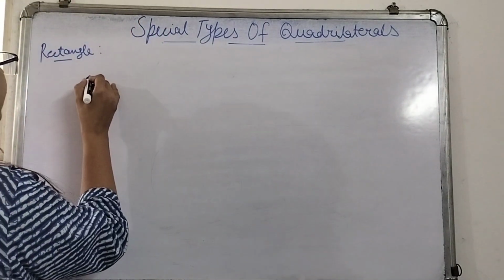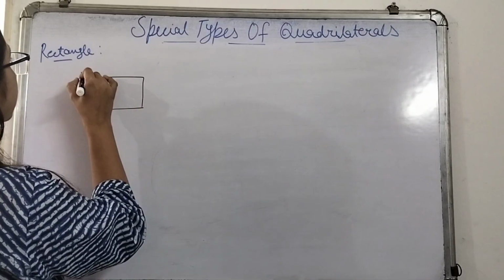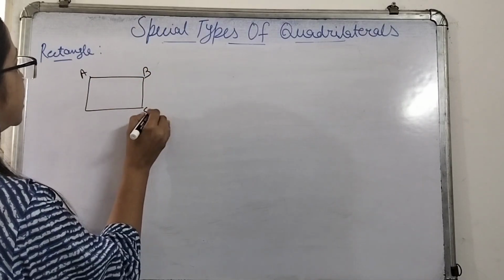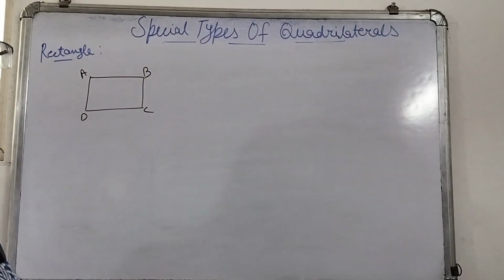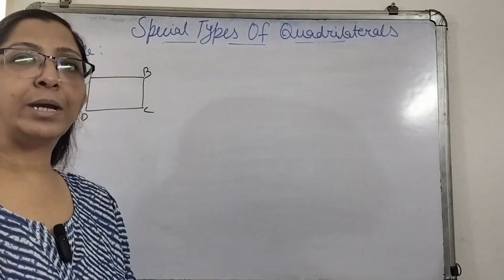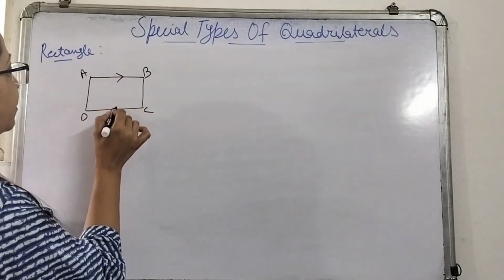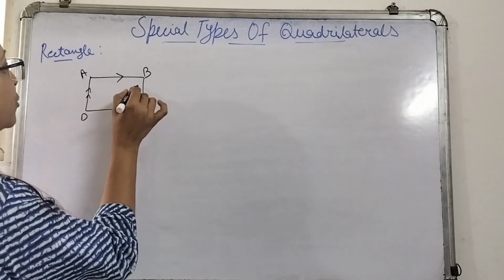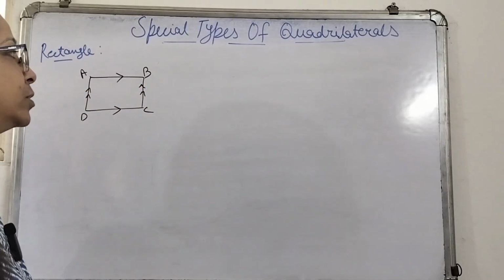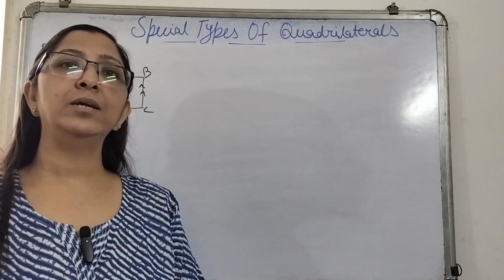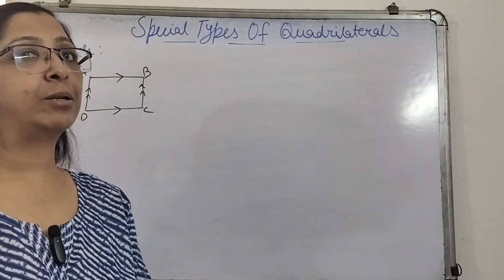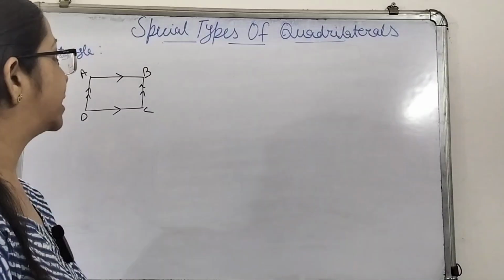Suppose ABCD is a rectangle. Because it is also a parallelogram, both pairs of opposite sides will be parallel, both pairs of opposite sides will be equal, both pairs of opposite angles will be equal, and diagonals will bisect each other.